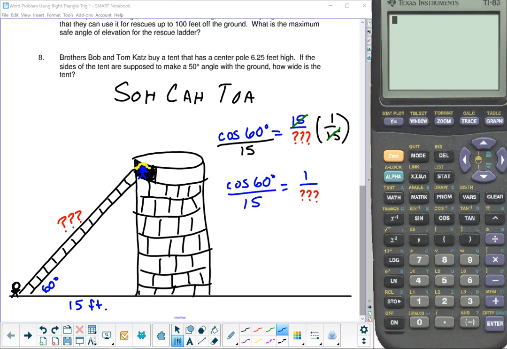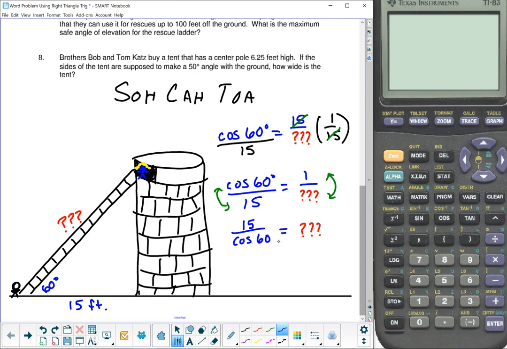So if we flip, if we take the reciprocal of both sides, the top and bottom are switched. So now we finally have question marks, the length of the ladder, equal to 15 on top and cosine 60 on the bottom.